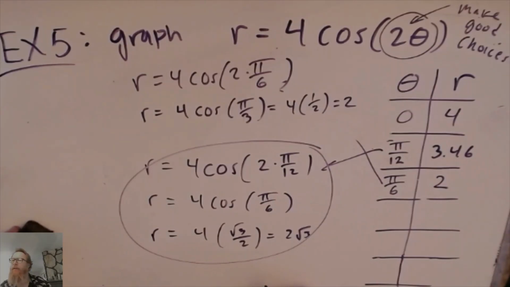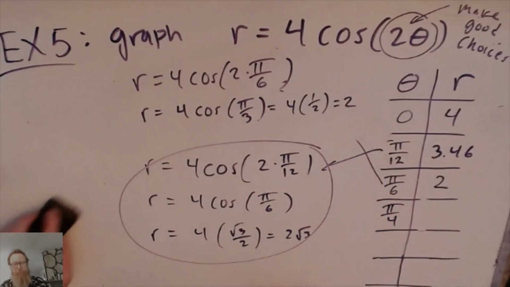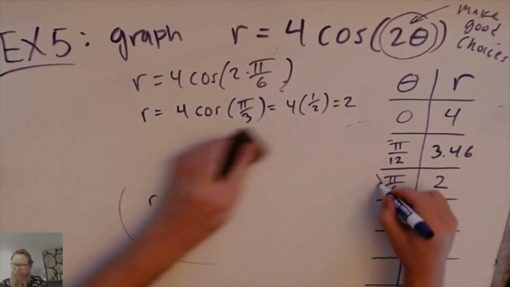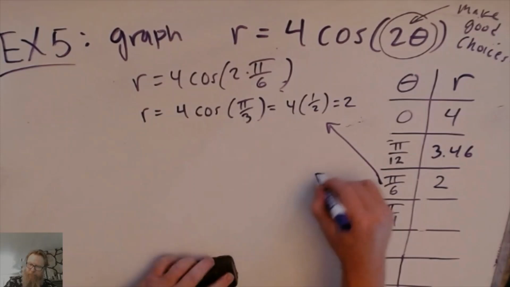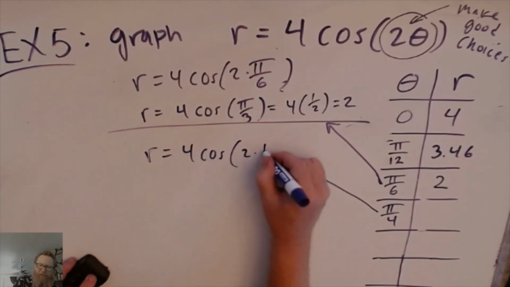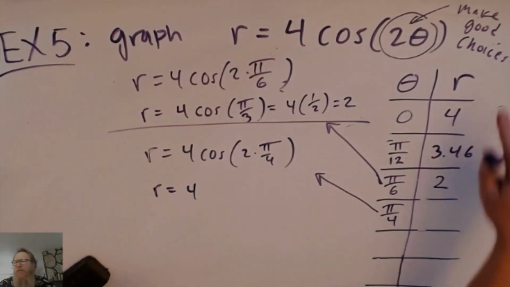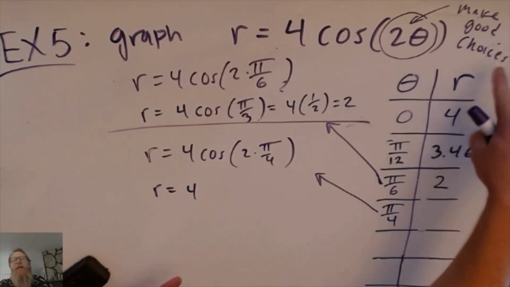All right. What else can we go to? Pi over 4. So r equals 4 cosine 2 times pi over 4. You are allowed to use any numbers you like, but make good choices.